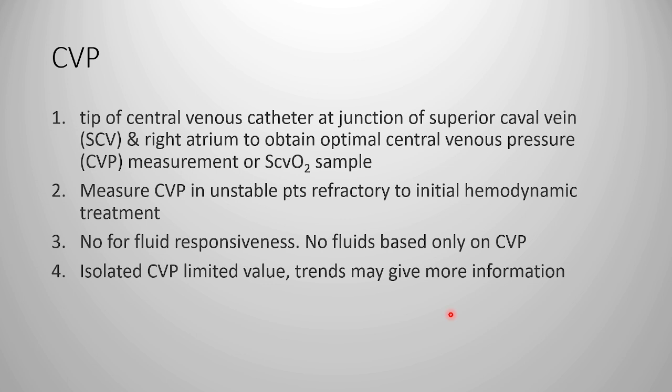What is actually CVP? It is not actually preload. Preload, as I told you, is right ventricular end diastolic volume and LV end diastolic volume. Basically, right ventricular end diastolic volume cannot be measured, so we take pressure as a surrogate, right ventricular end diastolic pressure.